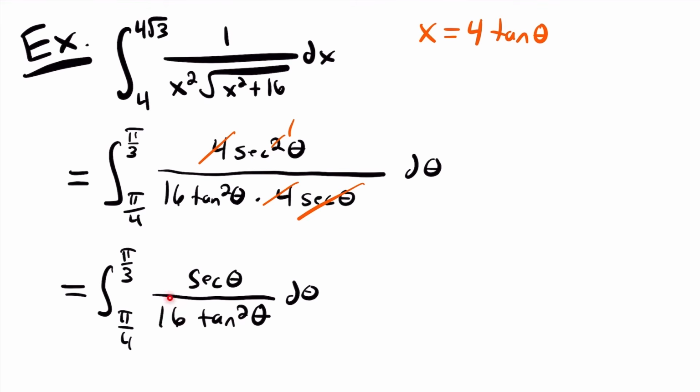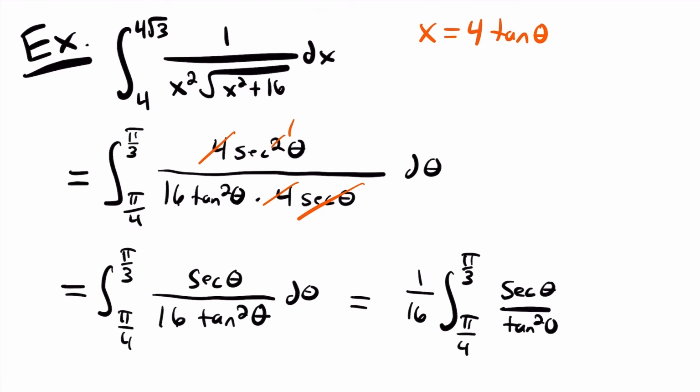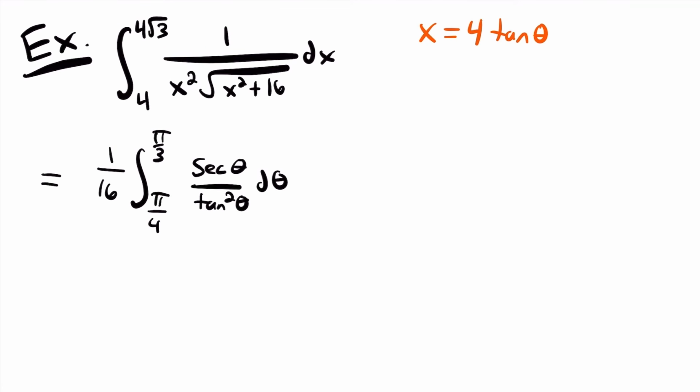All right, and so if we pull that 1/16 out to the front, this is equal to 1/16 times the integral from pi divided by 4 to pi divided by 3 of secant theta divided by tangent squared theta d theta. And so now if I clean up my work here, we now have this trigonometric integral that we need to solve.